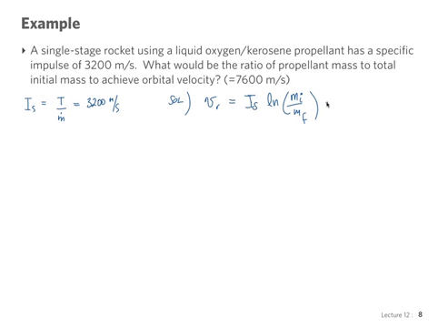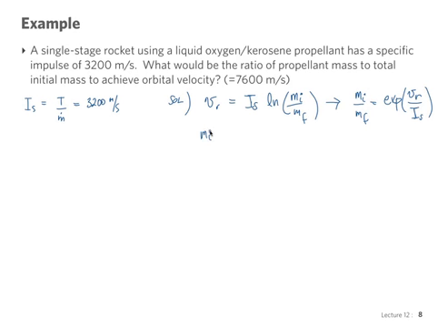So we could, of course, turn this around and write m initial over m final is equal to the exponential function of v of the rocket over this specific impulse. And these things are given for this example.